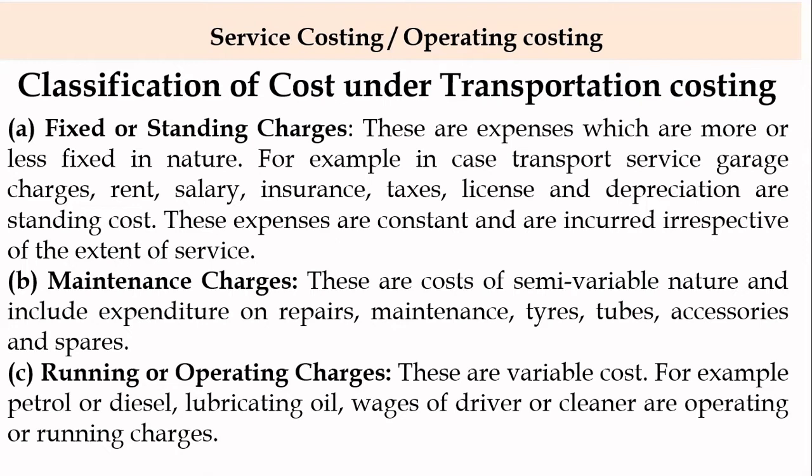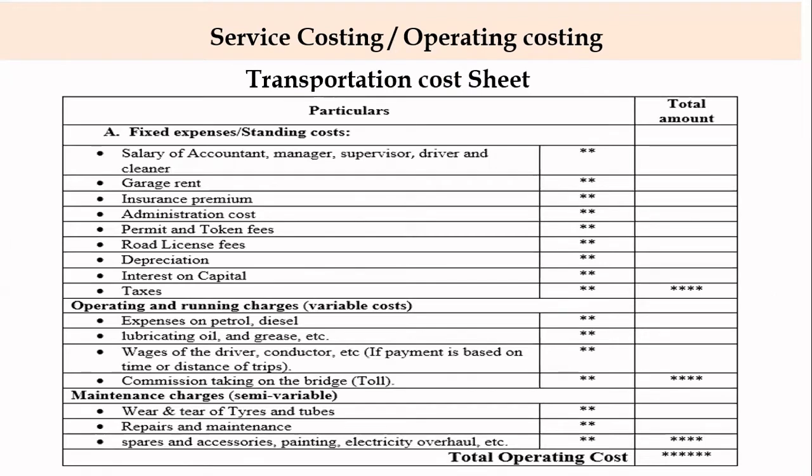So keep it in mind while calculating cost sheet, we have to put all these charges and then calculate the total operating cost. So this is the format or specimen of transportation cost sheet.